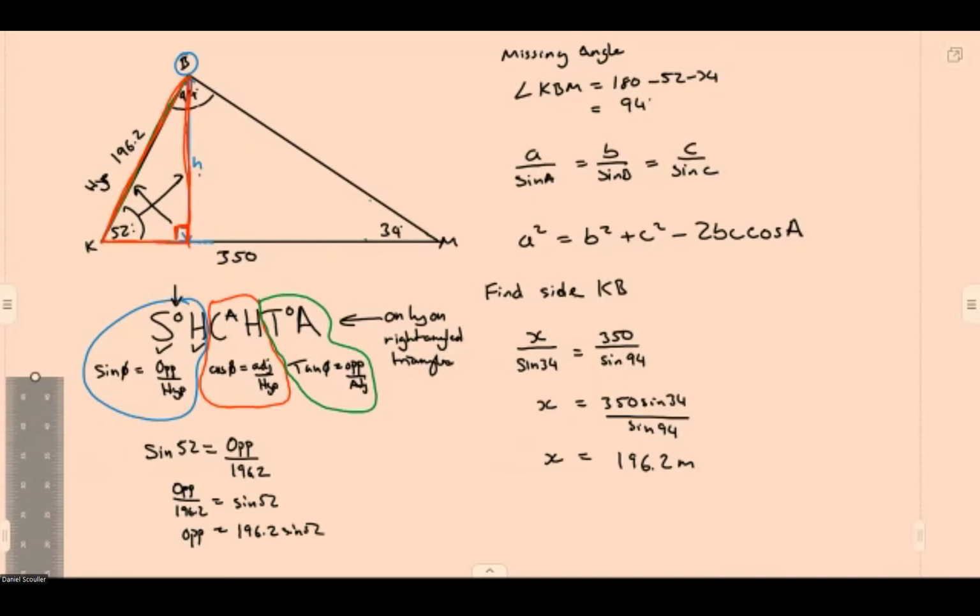When I move that across, the 196.2 is a divide on the left-hand side, so it becomes a multiply on the right-hand side. So what I've written there is 196.2 times sine 52. My opposite side, which is my height, is 154.6, hallelujah. 154.6 meters, which is the right answer.